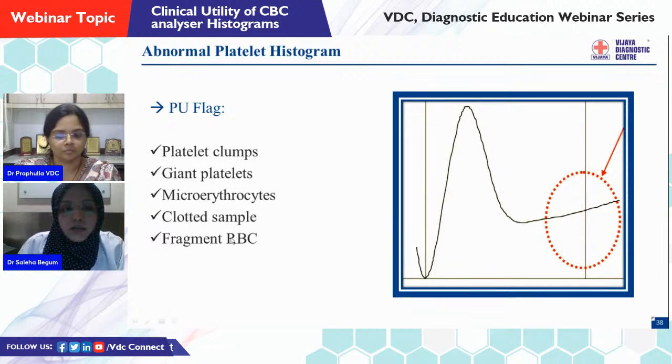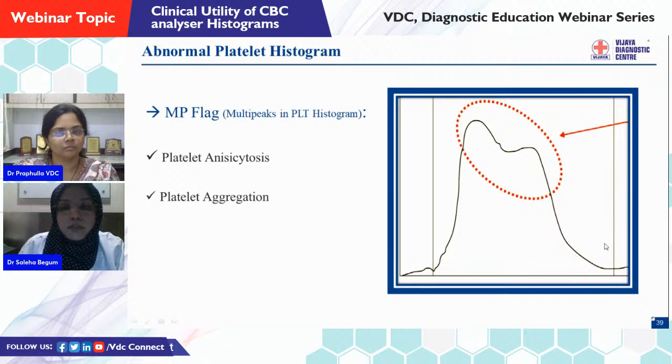Fragmented RBCs will be much smaller than the routine normal RBCs. That's how they got counted in the platelet chamber. And with clotted blood and giant platelets, maybe reaching the size of an RBC, again they get a place in between the RBC graph and the platelet graph. So that's how you are getting this abnormality in the graph.